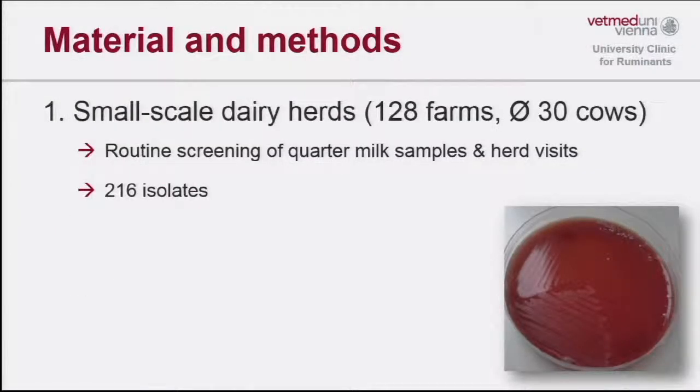In our study, 311 isolates were included. They were obtained from routine screening of quarter mix samples, as well as herd visits. And 2/3 originated from our small farms with an average of 30 cows.